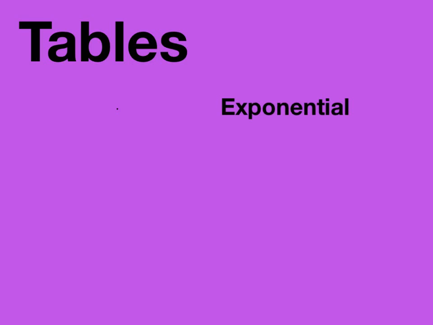Let's look at the tables for both types of functions. In a linear function, we know that over here we increase by 1 each time. On the exponential side, we're going to see the same thing. I increase by 1, so in this case they're the same.